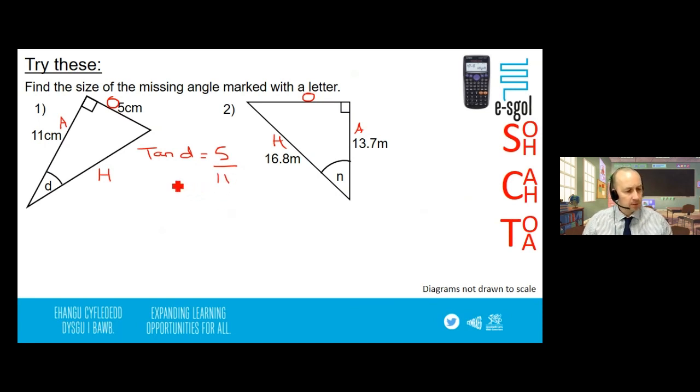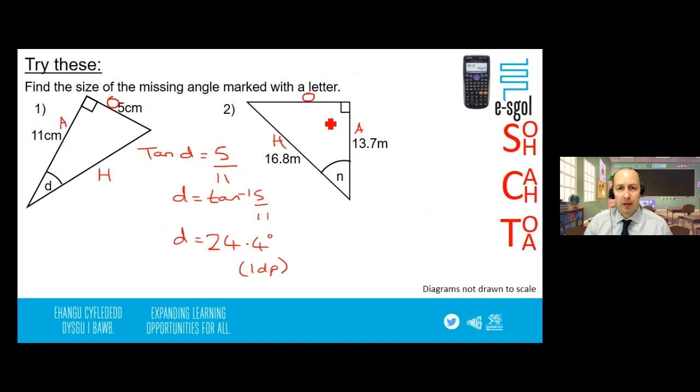Remember, I'm finding the angle, so I'm going to bring this tan over as tan to the minus 1, the inverse of tan. So tan to the minus 1 of 5 over 11. Put that in my calculator, and it comes out with an angle of 24.4 degrees, again rounded to 1 decimal place.